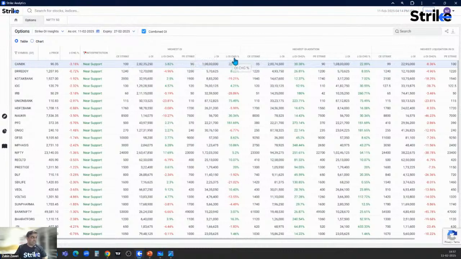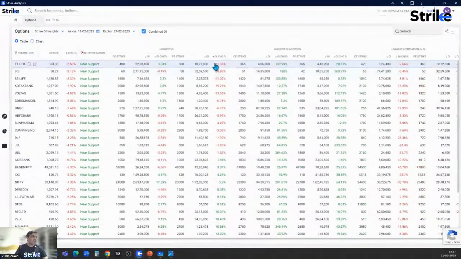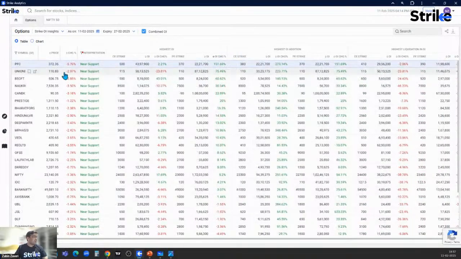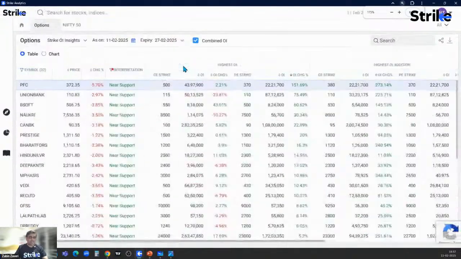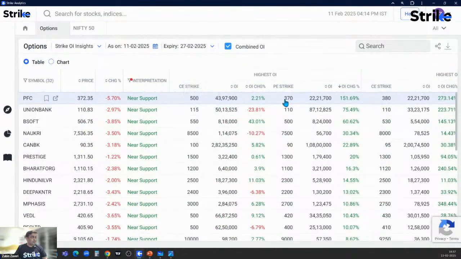What we can do is we can also click on OI change percentage over here, and sort it, and see that in PFC today, the future price is 372, and you can see that the 370 put strike has seen a very high increase in put open interest. So what this means is that PFC is near a strong support level.